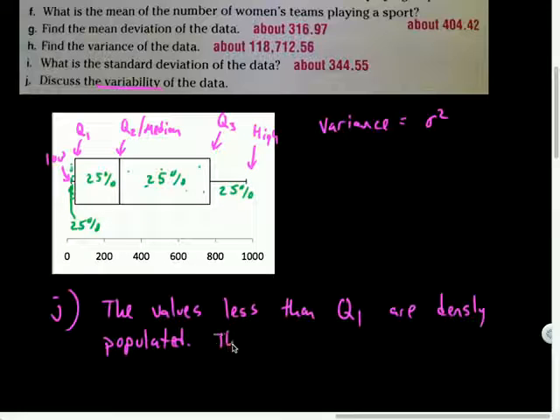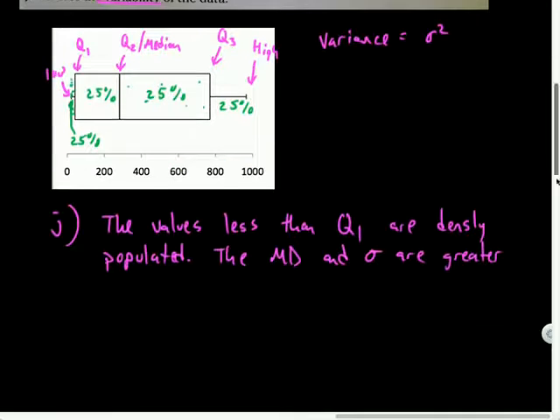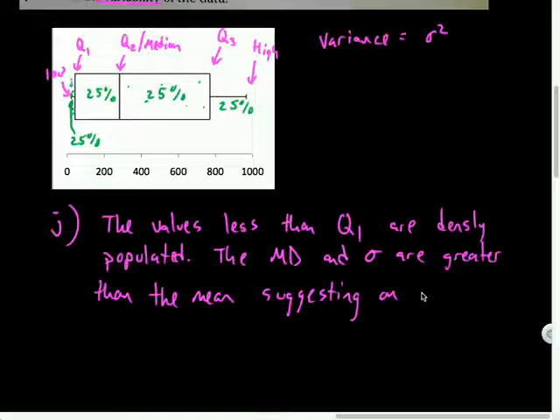So the mean deviation and standard deviation sigma are greater than the mean, suggesting the data is very spread out. Suggesting, I guess, on average, the data is spread out.